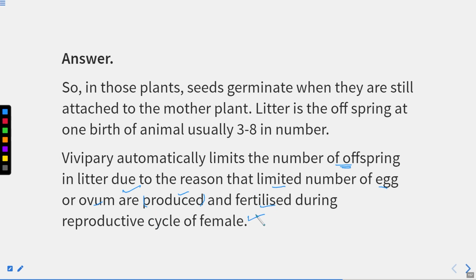This is how vivipary limits the number of offspring, or you can say vivipary limits the litter.